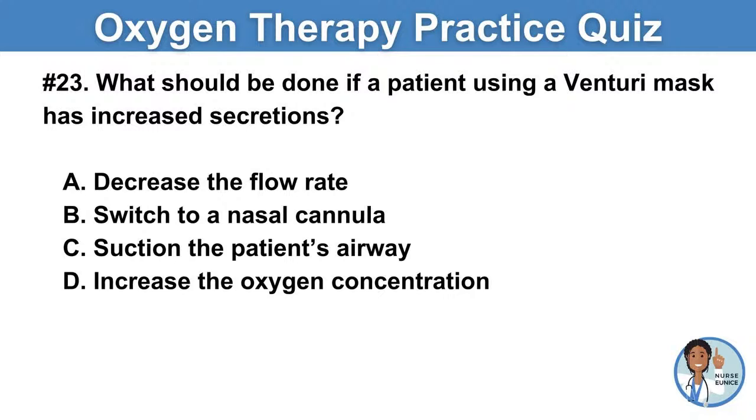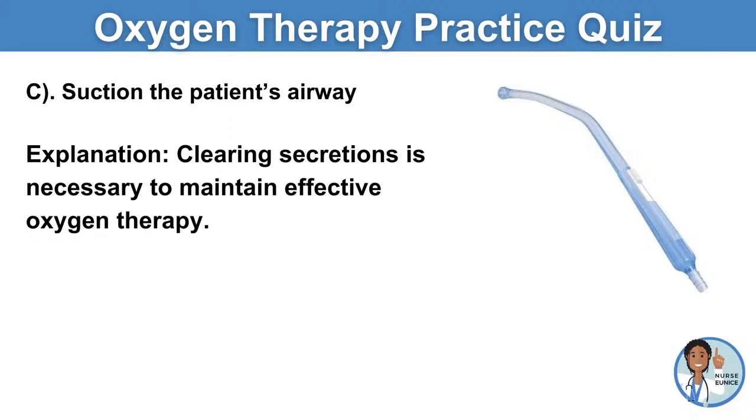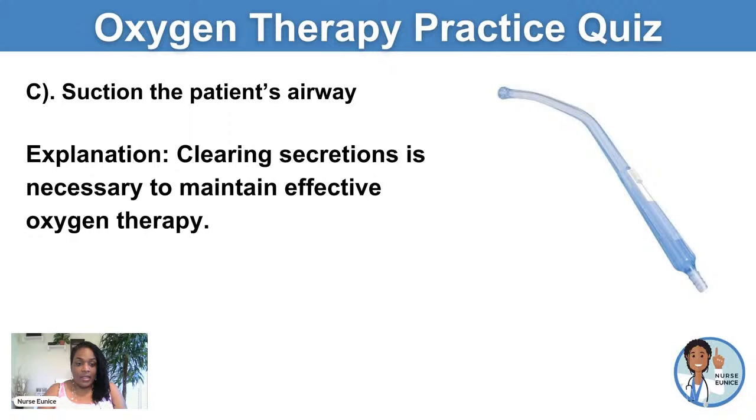All right, so we have increase the oxygen. I see a lot of correct responses. The correct response would be C. Remember, they have this mask on, so they may be coughing, but they can't really clear their airway because the mask is preventing the mucus from coming out.